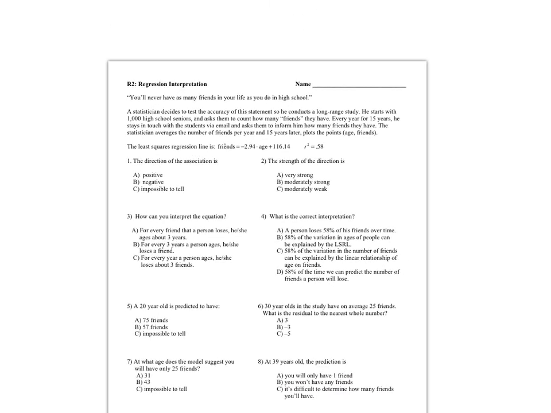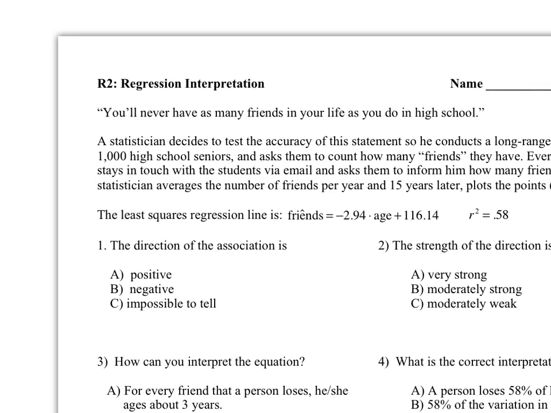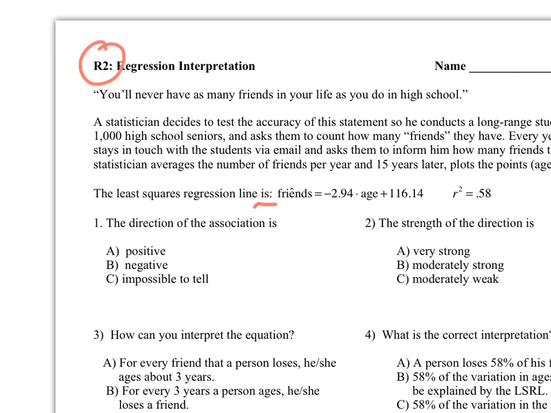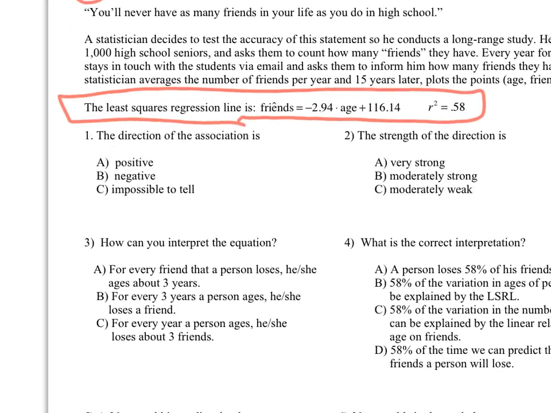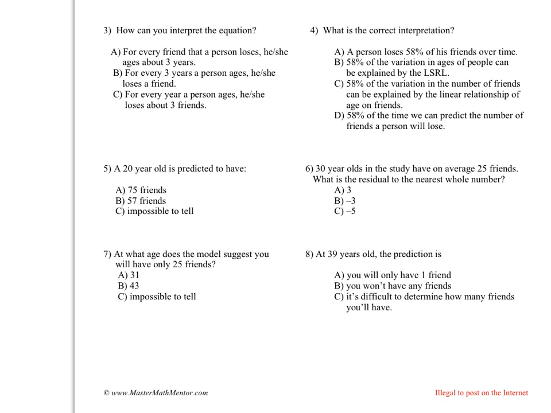Now that all of that, you are now responsible to finish the next page of the exercises, which is considered R2. Regression interpretation. These are all multiple choice questions based on this equation and this R squared. You have 1, 2, 3, 4, 5, 6, 7, 8 multiple choice questions.